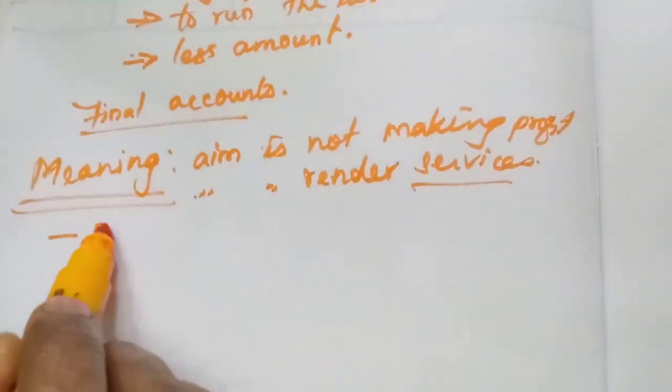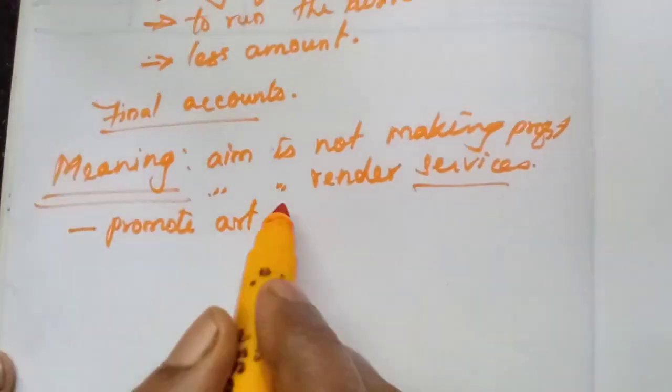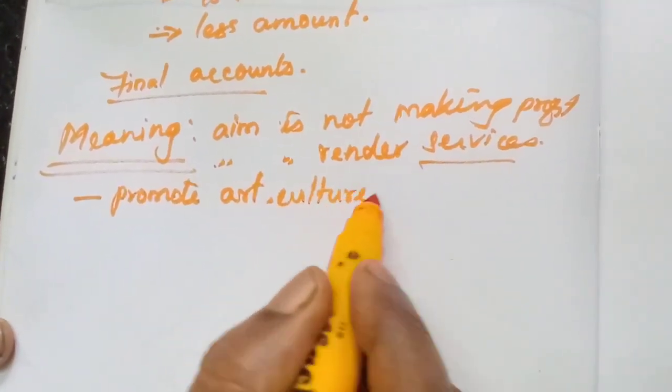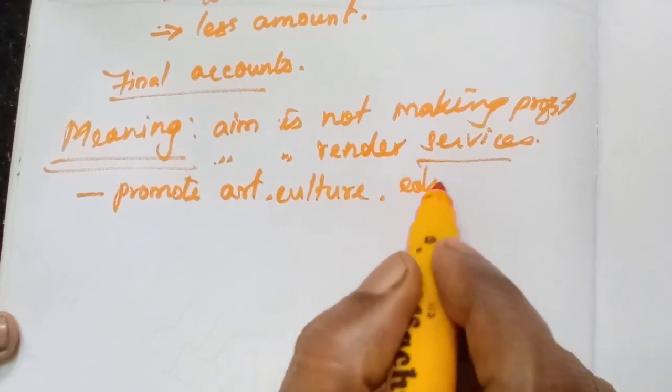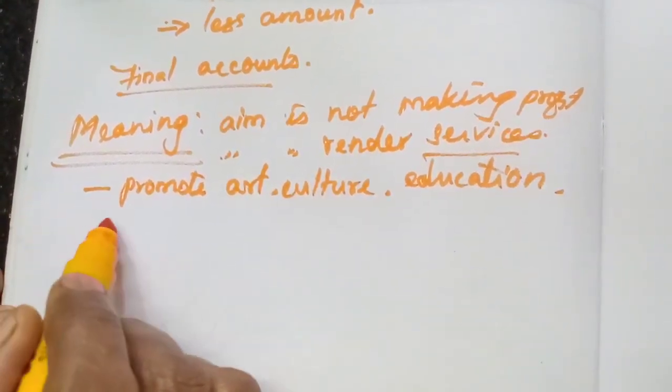They may promote art or culture, then education, or an educational institution will come under not-for-profit organization.